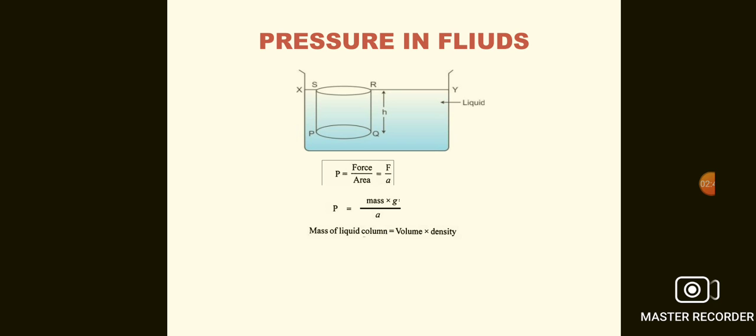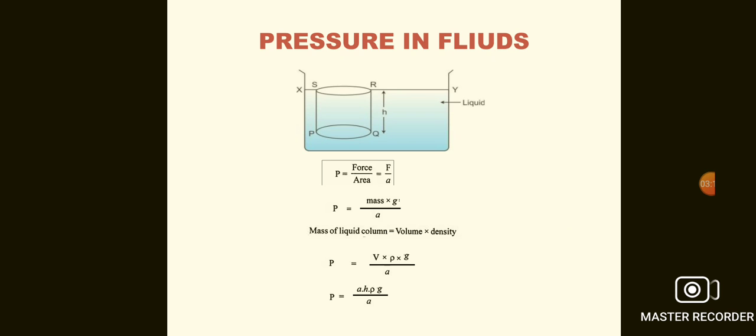Now let us substitute this mass formula in the above equation, that is mass into gravity upon area. We get pressure is equal to volume into density into gravity upon area, in place of mass I have substituted volume into density. Now we know that volume is nothing but area into height.